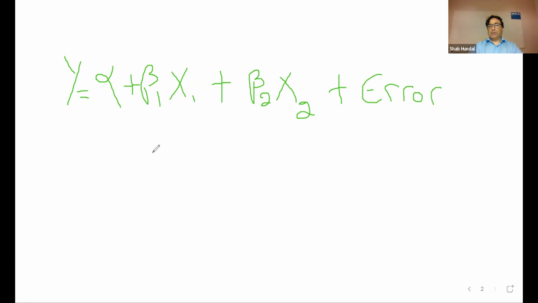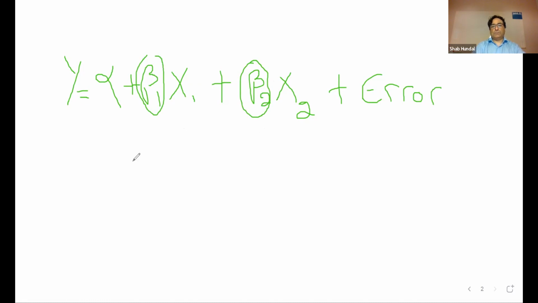We may be disappointed that it doesn't go like this, but in the heart of our hearts, we want beta 1 and beta 2 to be significant, so that we can prove that x1 and x2 individually have a significant impact on the Y variable.